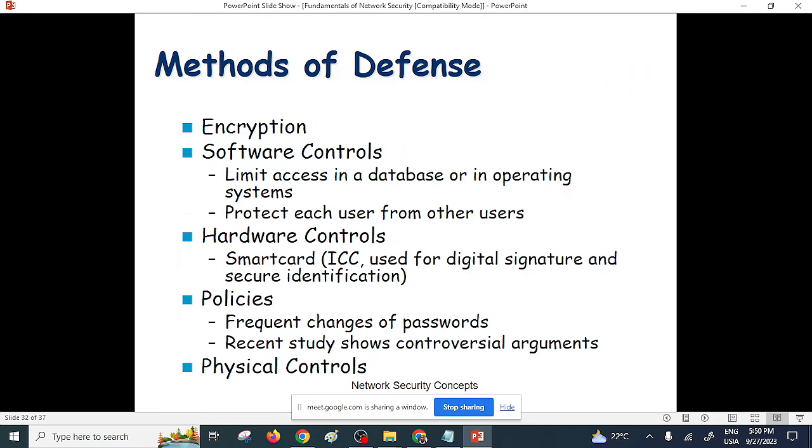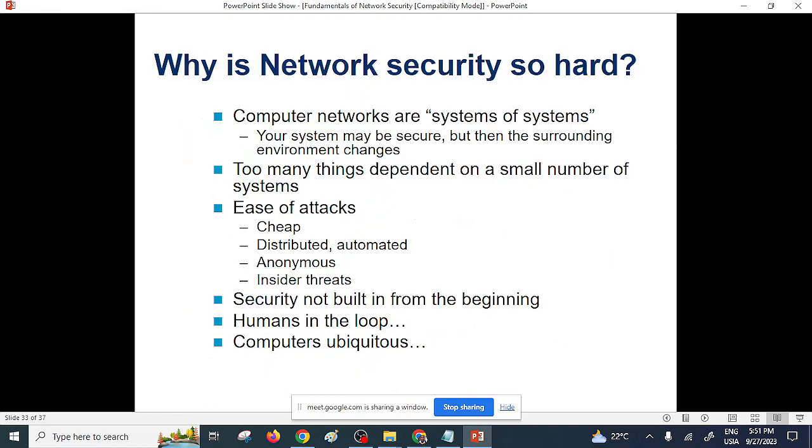But as you implement your network, you need to have some kind of defense mechanism, right? You can have hardware controls, policies, physical controls, software controls. We are going to mention them, but more specifically, I'll appreciate it if you have the soft one, the policy that you can implement from our end.